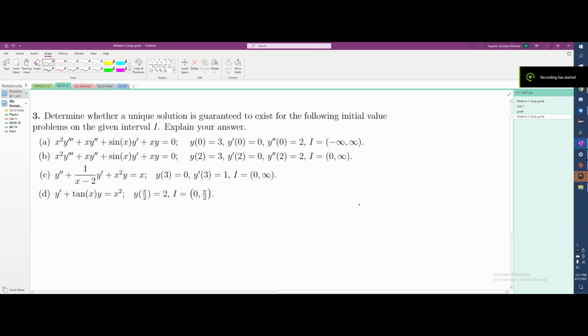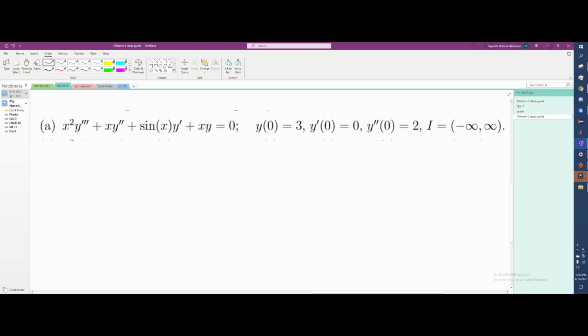For problem 3, we're asked to determine whether a unique solution is guaranteed to exist for the following initial value problems on the given interval I, and explain your answer. So if we first look at A, there's a few steps that we have to do.